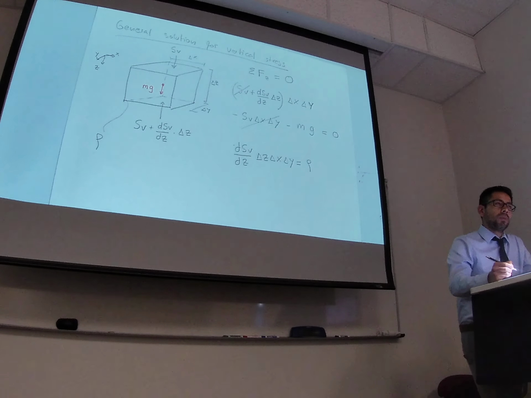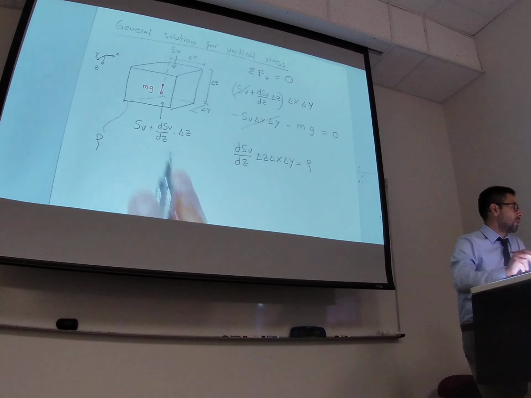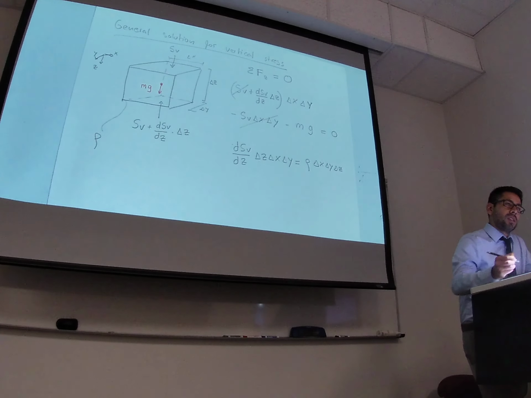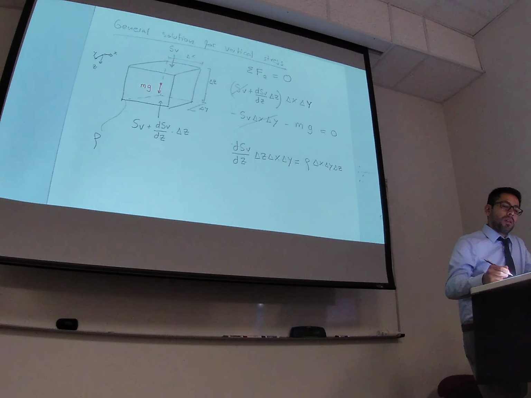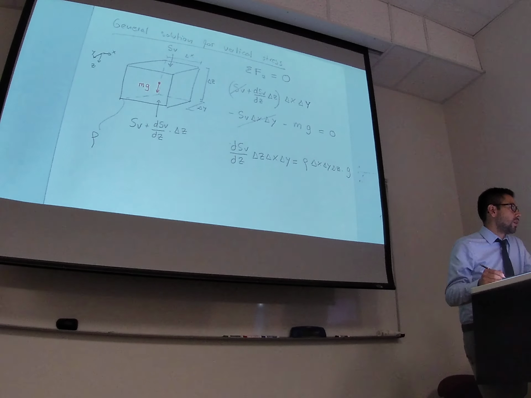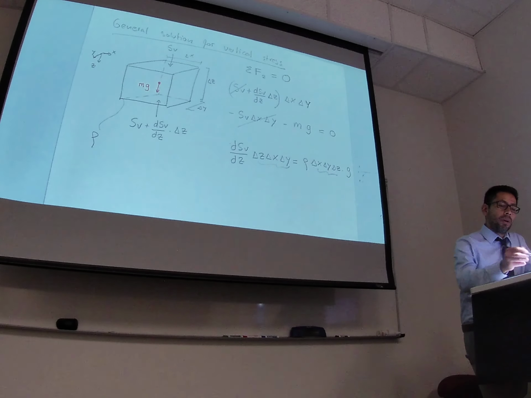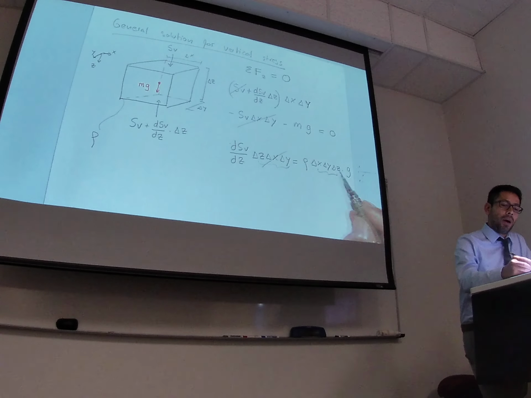And what is the volume of this cube? It's simply delta x, delta y, delta z, right? And then I have g over here, and we see that these things appear on both sides, and I can cancel them out.